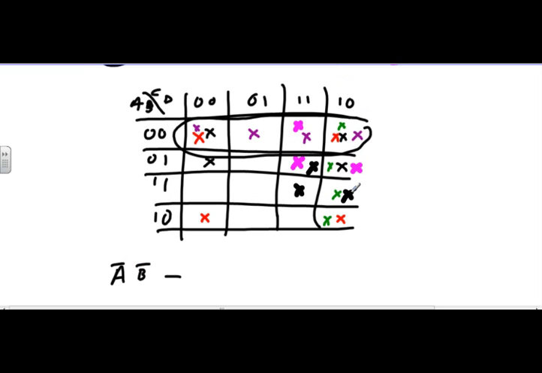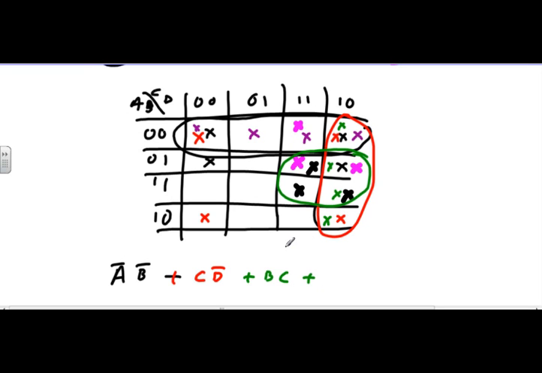And I can grab this, and that's going to be C, D naught. And I can grab this one: B, C.